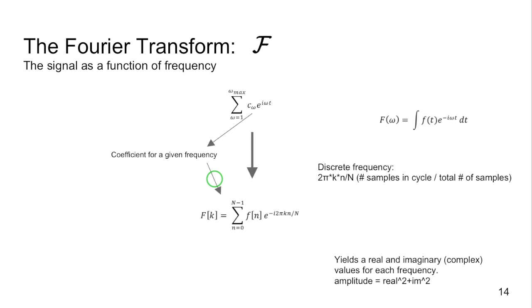The Fourier transform, the continuous form, is shown here, and this is a way of transforming the signal. So we take our original signal, multiply it by e to the negative i omega t, and then integrate over it to get our transformed signal in terms of frequency.